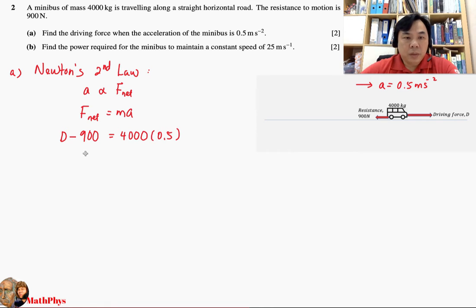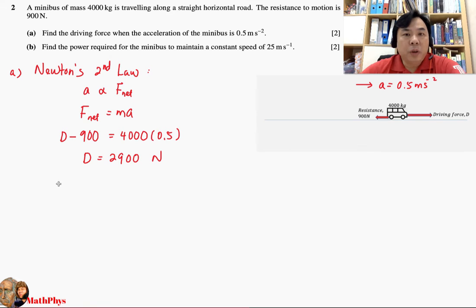So from here, we will be able to find out its driving force, which is quite direct. You'll get 2,900 Newton. So the driving force for the minibus, in order to maintain a constant acceleration of 0.5 meter per second square, is 2,900 Newton. All right, hope that is clear at this point.